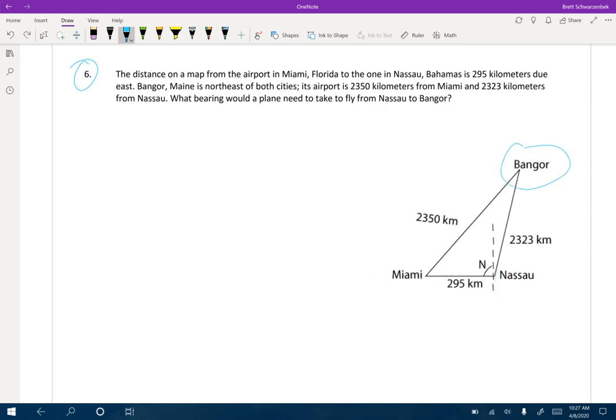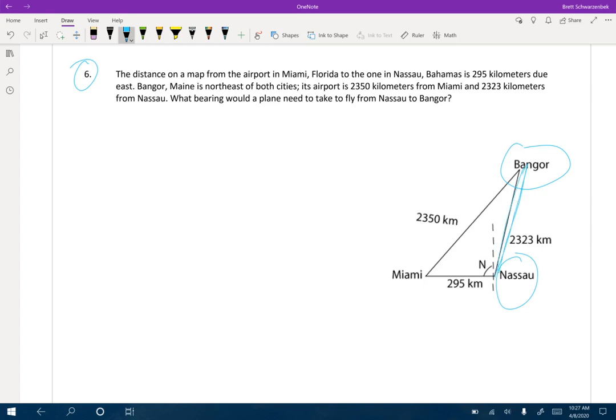True, northeast for both of them, right? Its airport is 350 kilometers from Miami, so this way from Miami, and 2,323 to Nassau, all right? What bearing would a plane need to fly from Nassau to Bangor?